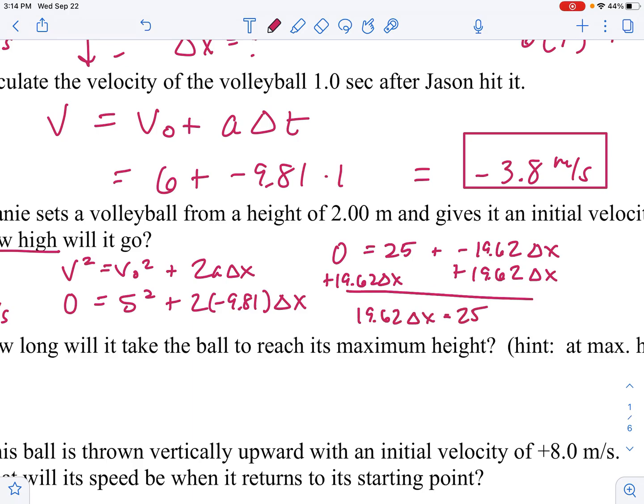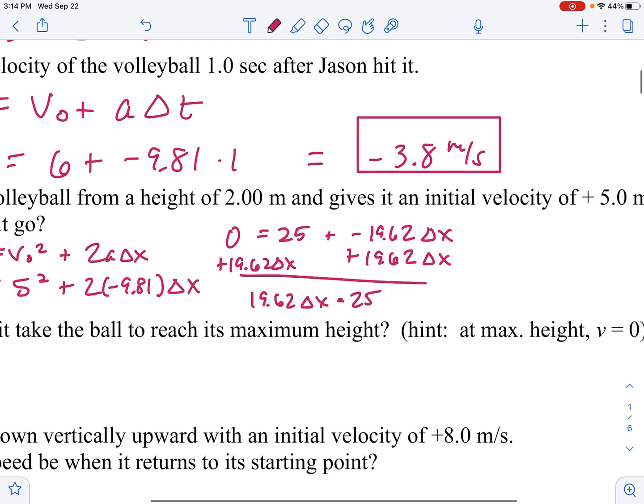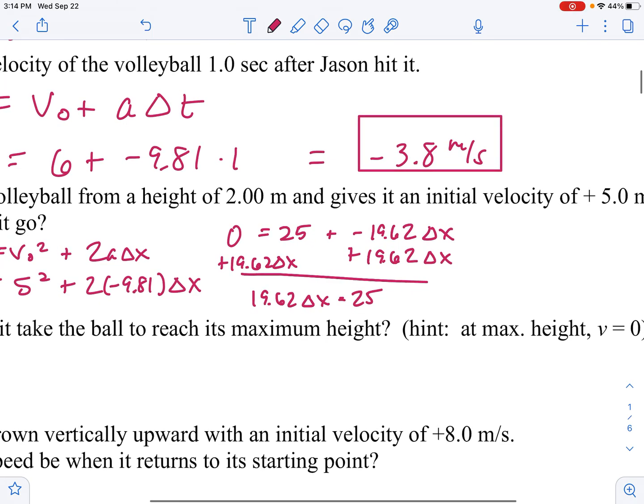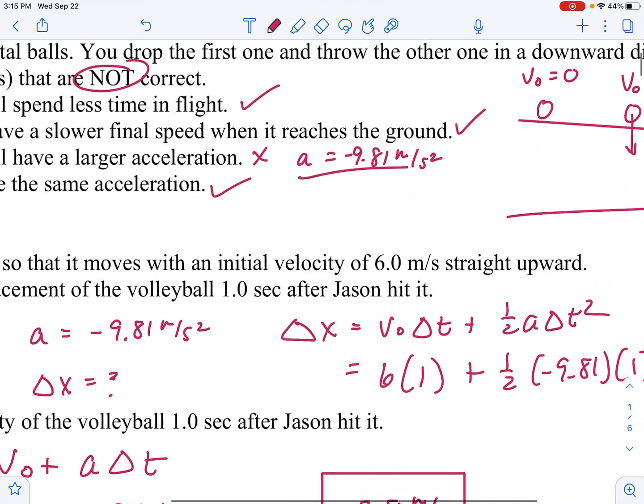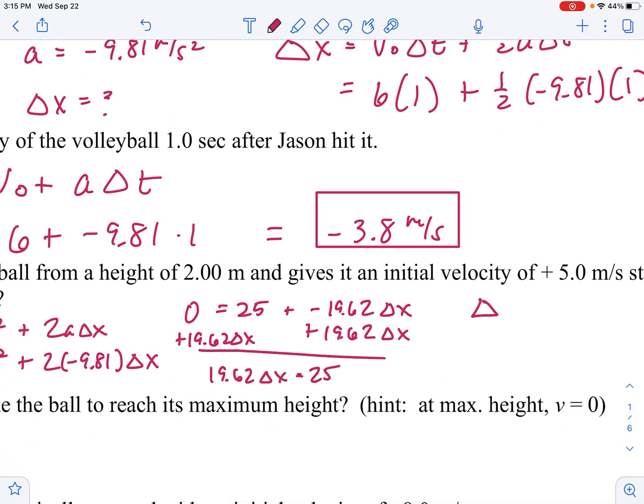And then I'm going to divide. And when I divide, I'm going to get 3.2. Actually, it's 1.28 meters. Sorry, my delta x is 1.28 meters above the initial.